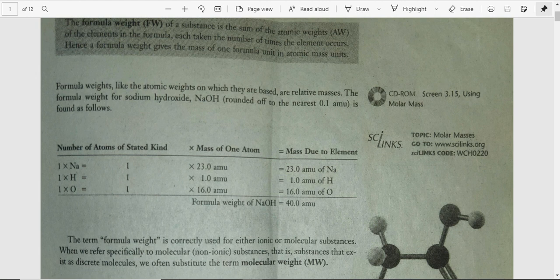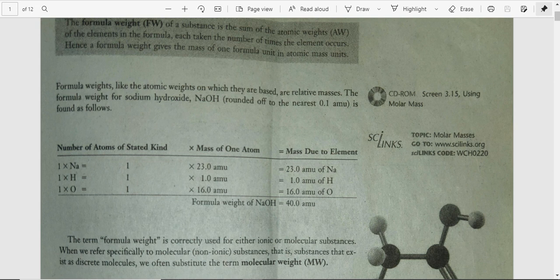Is found as follows. Okay, for your numbers of your atoms, they are stated in this kind. You have your Na, your sodium as 1. You have hydrogen 1, kag oxygen nga isa. Therefore, ang mass of their one atom is 23.0 AMU. Okay, ang imo nga hydrogen would be 1, then 16 ang imo nga oxygen.